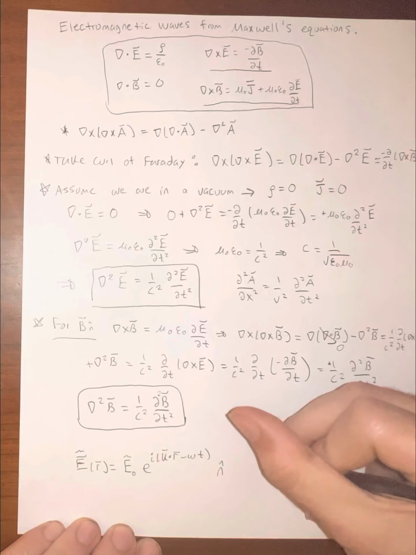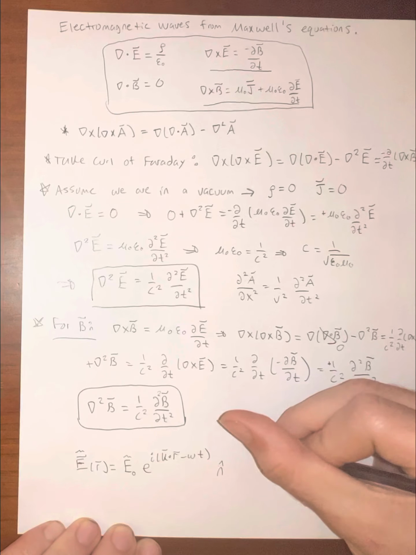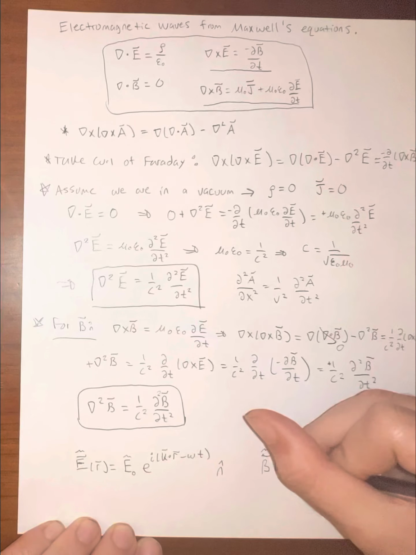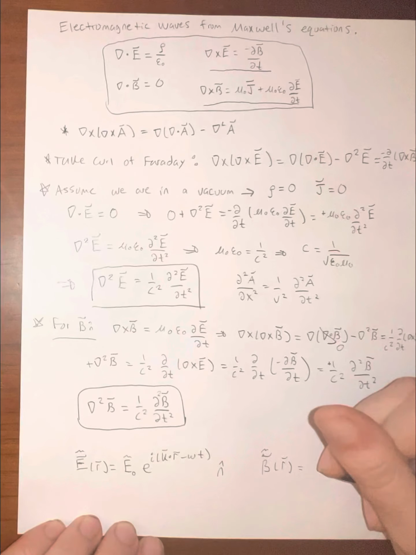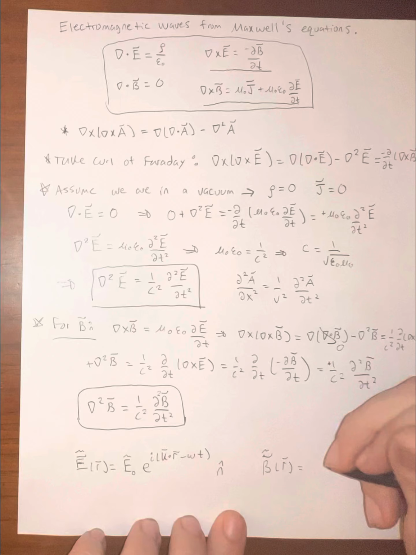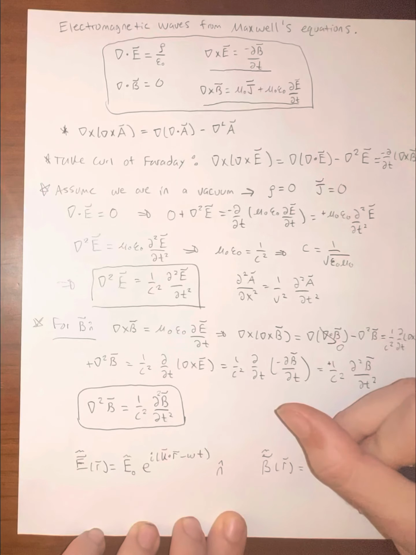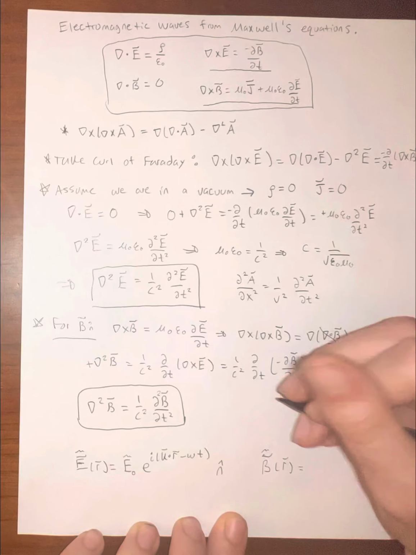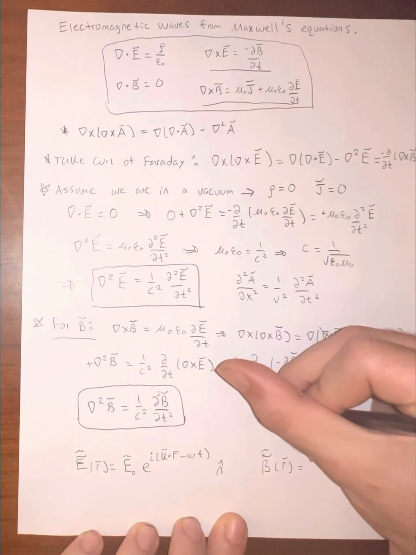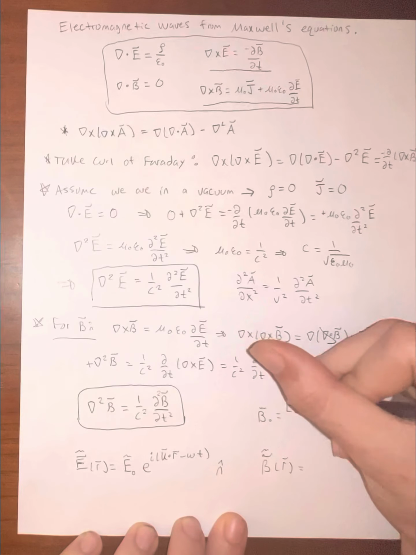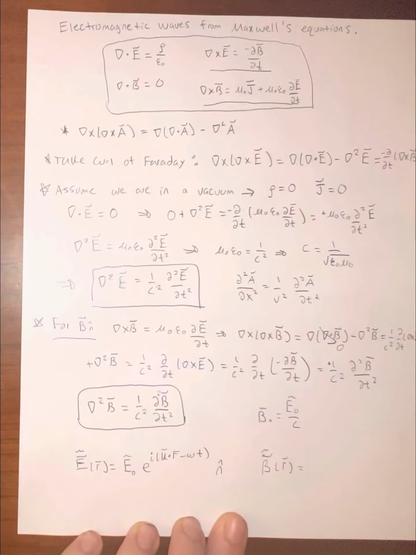For the B field, we get a similar complex solution, except the propagation is orthogonal to the electric field. And the amplitude B naught, the complex amplitude, is just the electric field amplitude over c.